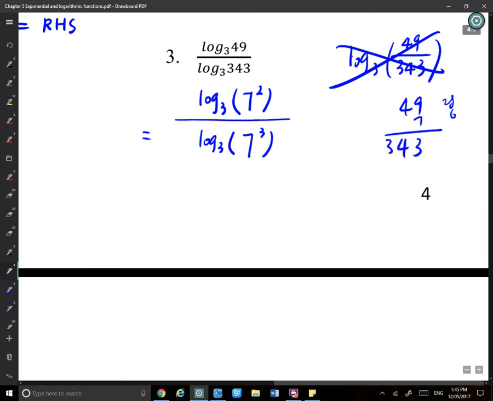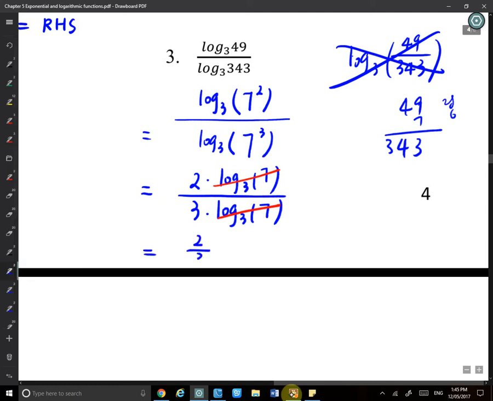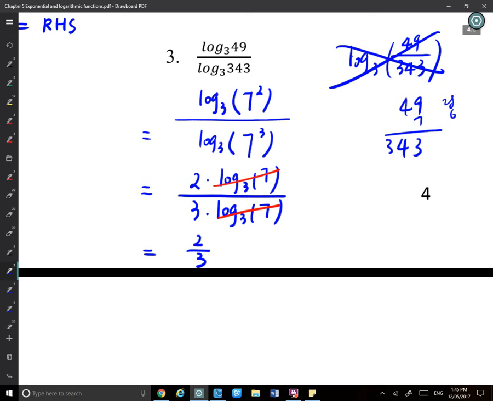So it's 7 to the power of 3. So what I have is 2 times log 3, 7 divided by 3 times log 3, 7. On both top and bottom, we have log 3, 7. So what we are left with is just 2 on 3.